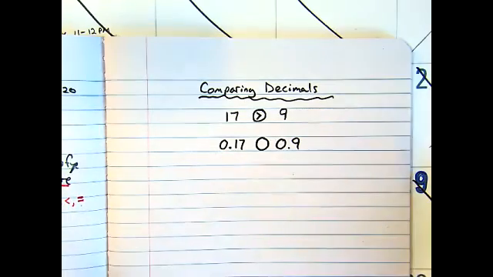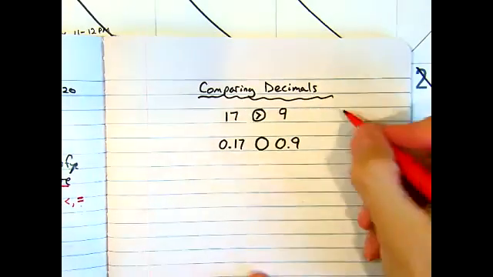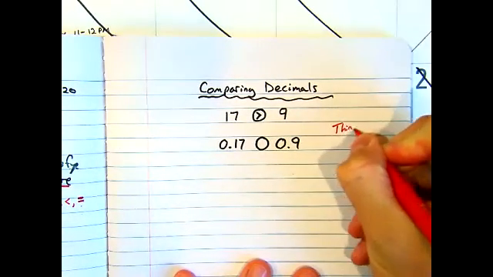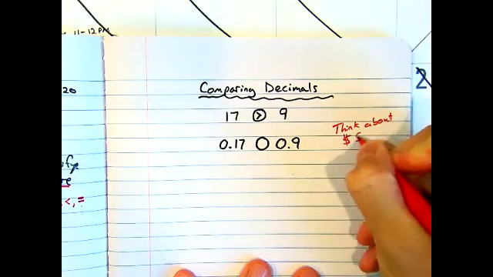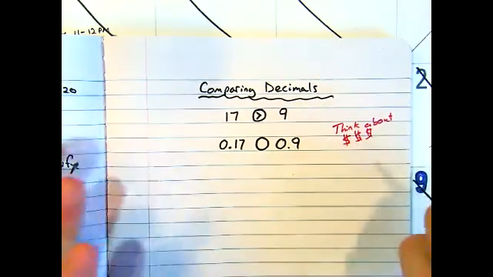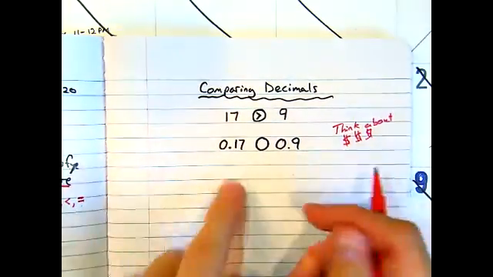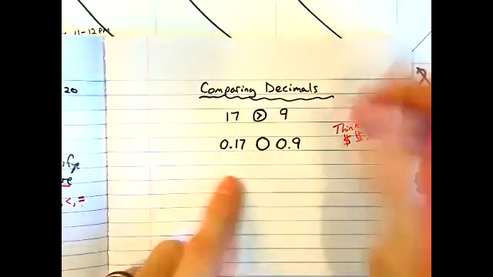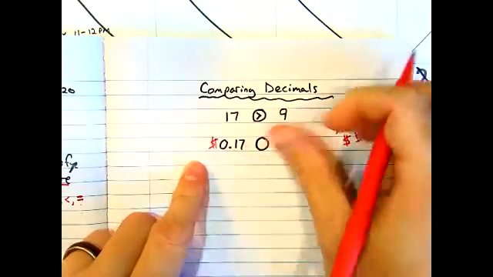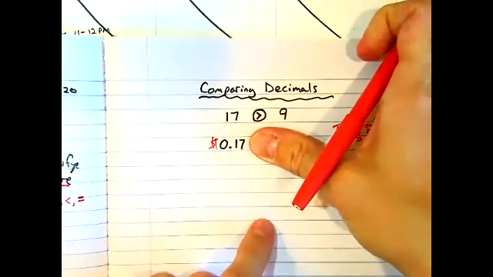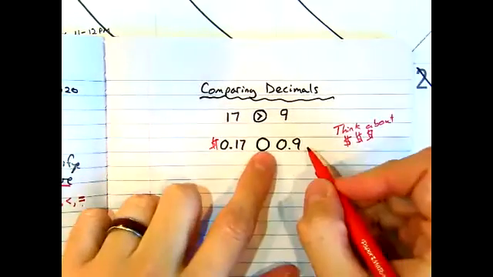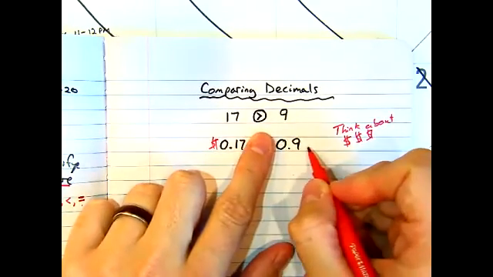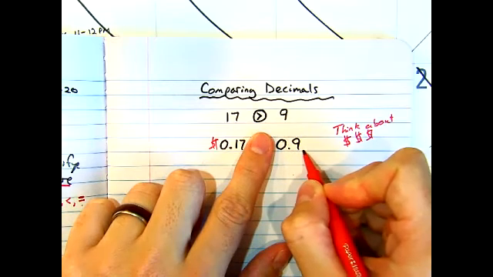Well, here's my trick. Think about money. Whenever we're using money, we have two decimal places. So let's put a dollar sign over here. How much money is this? 17 cents. Cool. Now I'm looking at 0.9. I'm missing a place value here.